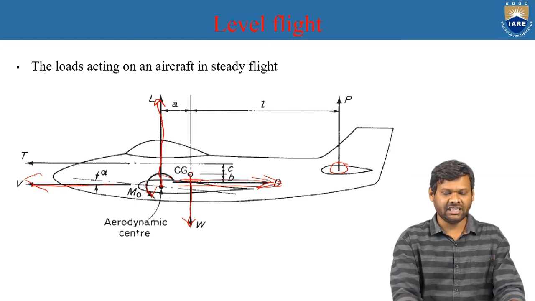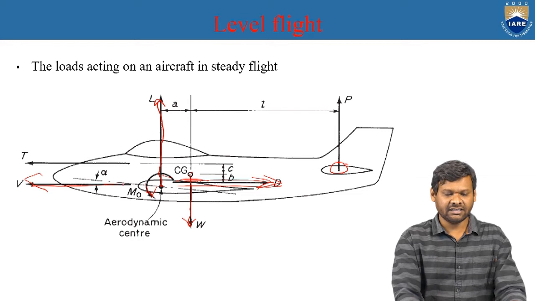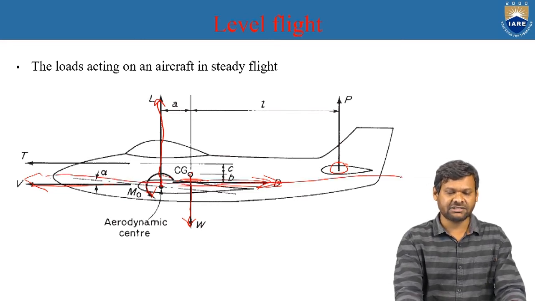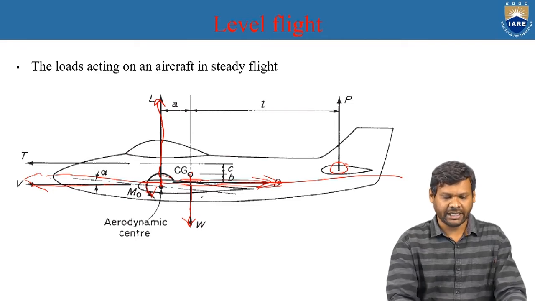And T is the thrust force, that is the power or thrust generated by the aircraft engine, and this alpha is the inclination of the airplane neutral axis to the velocity. You can observe that.